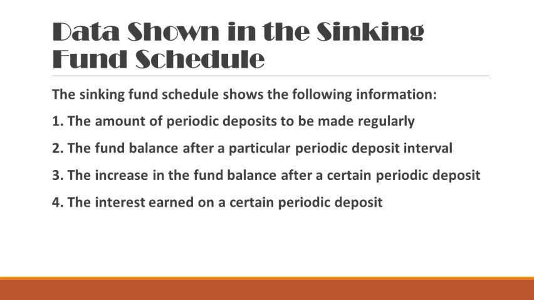Data shown in the sinking fund schedule. The sinking fund schedule shows the following information. First is the amount of periodic deposits to be made regularly. Second is the fund balance after a particular periodic deposit interval. Third is the increase in the fund balance after a certain periodic deposit. And lastly, the fourth one is the interest earned on a certain periodic deposit.